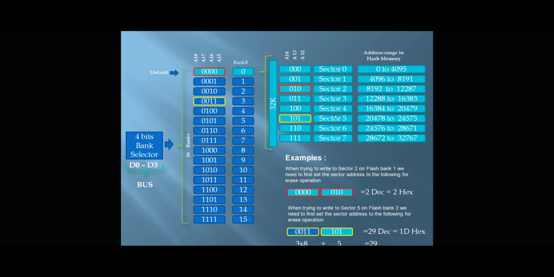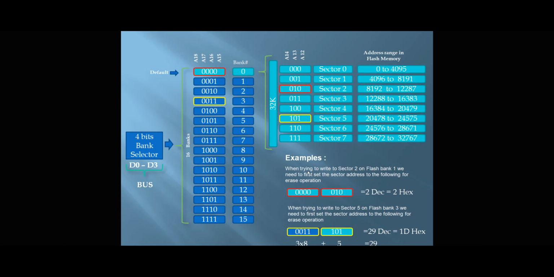In order to do that, if we do a binary add between the bank ID that we have and the relative sector ID, which is here sector number 2, the third sector in that memory bank, then we could come up with the exact, or absolute, sector ID across all the flash memory that we need to point to.